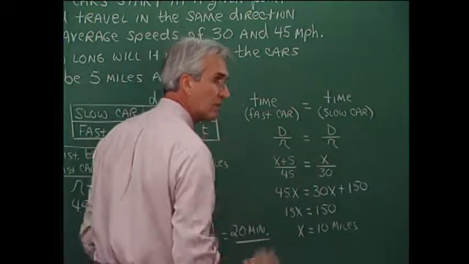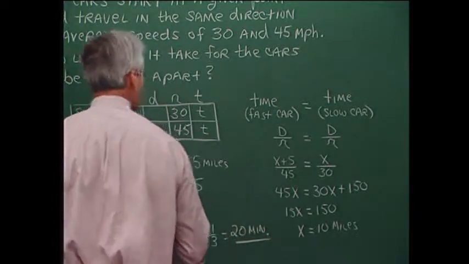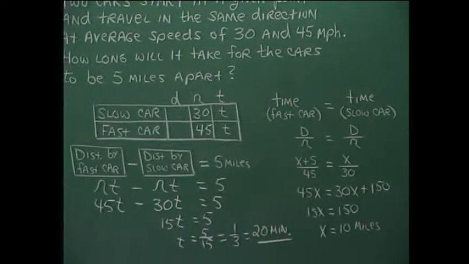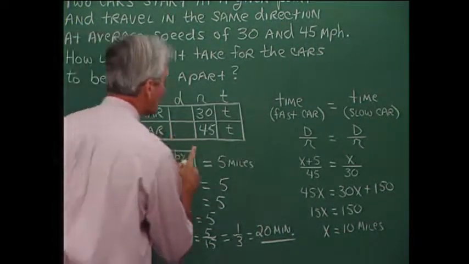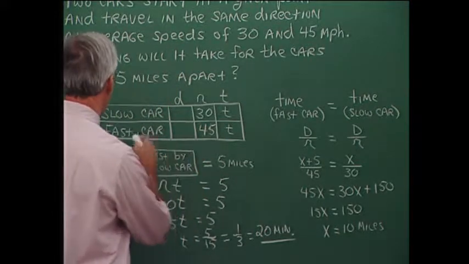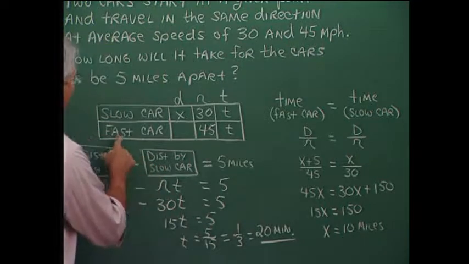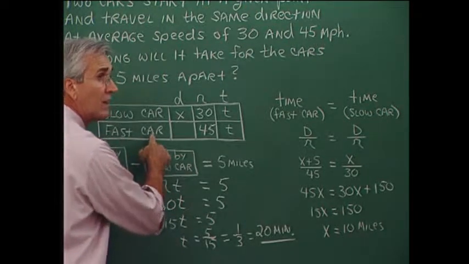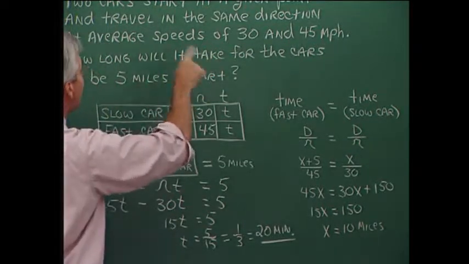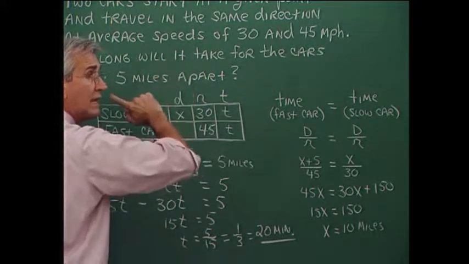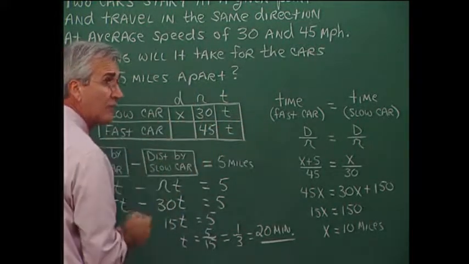Now, what about those distances? Well, gee, we can represent those distances in our table of information. Let's see, if the distance traveled by the slow car is x miles, then the distance traveled by the fast car is, well, let's see, we're talking about the cars being 5 miles apart. So the fast car is going to go 5 miles farther.